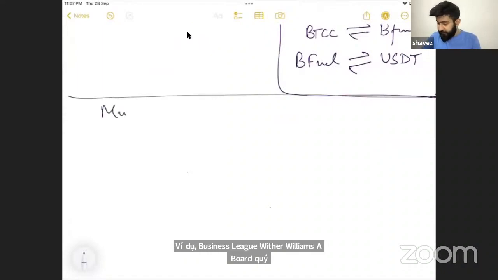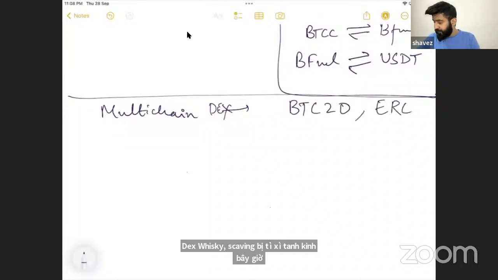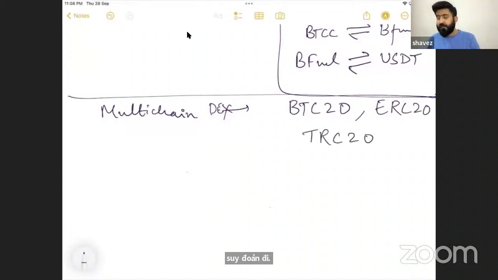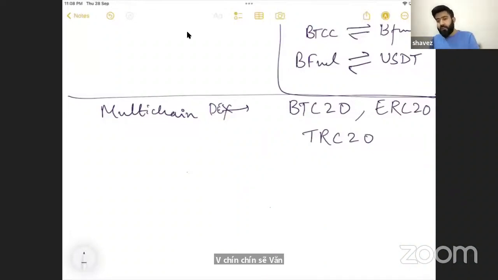This is a multi-chain DEX, which is having BTC20, ERC20, TRC20. Bitcoin Code Smart Chain, BTC20 Smart Chain, ERC20 Ethereum, TRC20 Tron. These three chains are functional on our DEX.